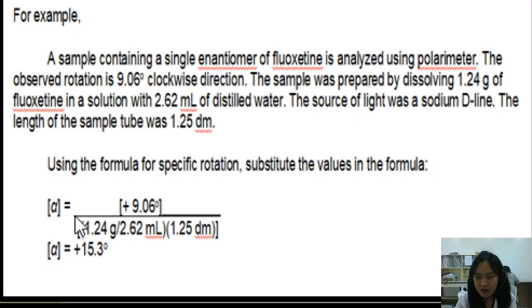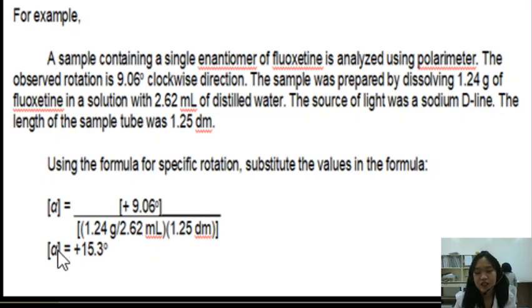Diba? Divided by 1.24 grams over 2.62 milliliter times 1.25 decimeter. Okay? So, ito yung length ng iyong sample tube times the value of gaano karami yung substance na dinissolve, so 1.24 grams over yung kanyang solvent, gaano karaming water ang ginamit, 2.62 ml.